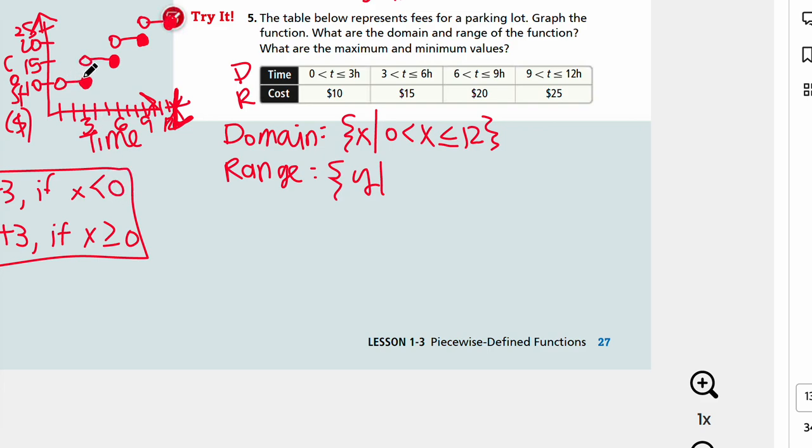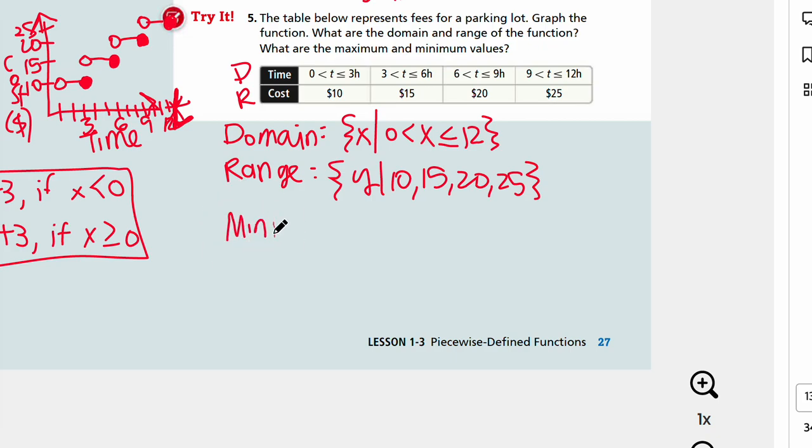Your 11 is not included. 14 is not included. There are a lot of numbers that are not part of your range. You just have 10, 15, 20, and 25. So you have to list them out. There is no other way. 10, 15, 20, 25. You have to write them down, okay?